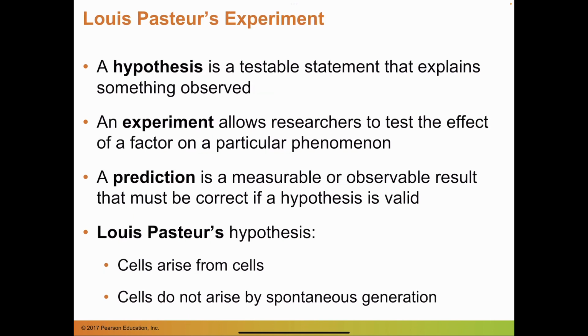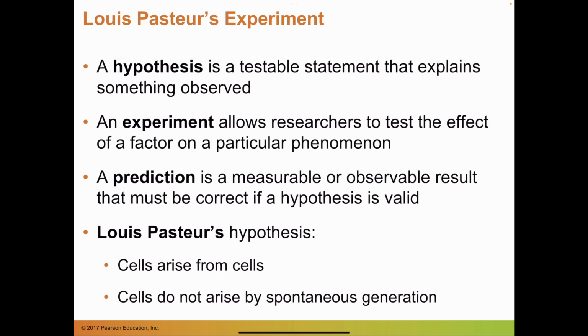So in order to support the idea of cell theory and any theory, there has to be experiments done. And so this is one of the most famous experiments to support the idea of cell theory. And this is by a scientist named Louis Pasteur. And he came up with a hypothesis after making an observation. And so a hypothesis is a testable statement that you can make after you make an observation.